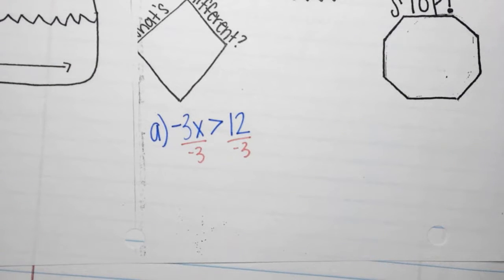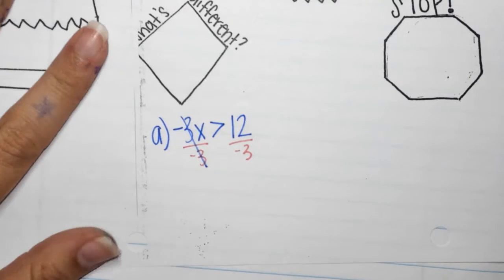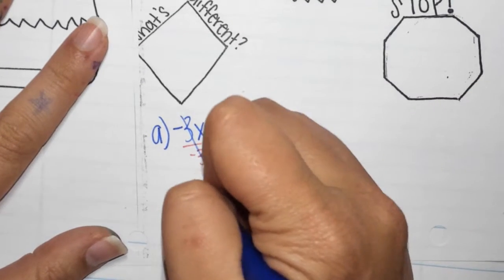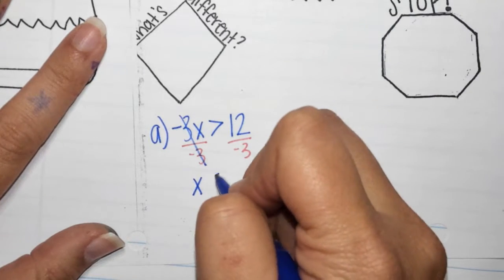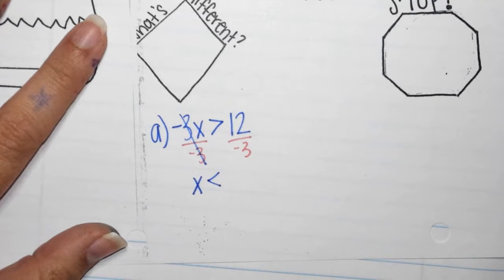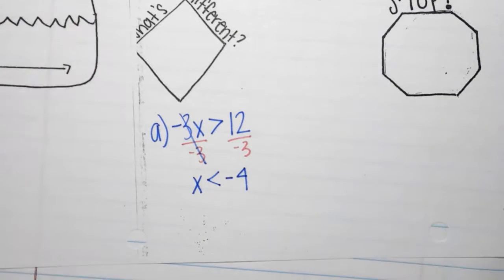Now, did I divide both sides by a negative? Yes. So we flip the inequality. That means this sign goes from a greater than to a less than. And that's negative 4.